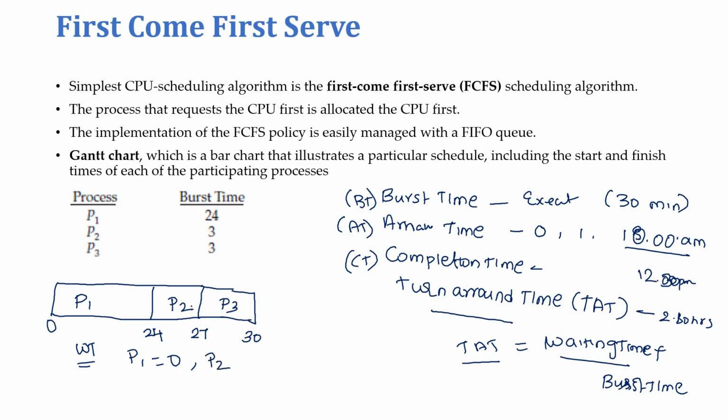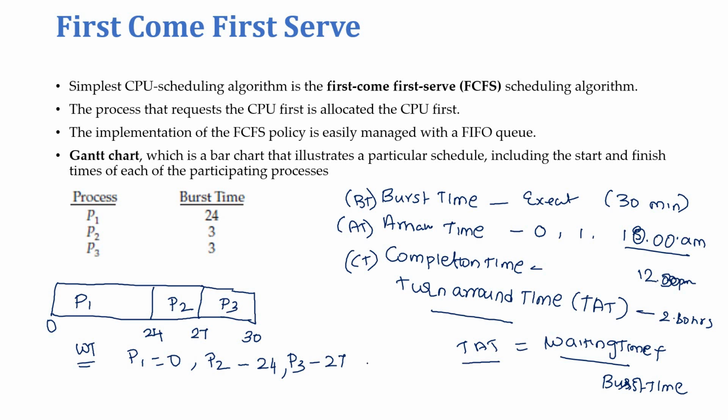P2 waiting time: the P2 gets a chance to work only at time 24, so till then it is considered a waiting period. So the P2 waiting time is 24. And for P3, the P3 gets a chance to work at time 27, so till then it is waiting time. So 27 is the waiting time for P3.